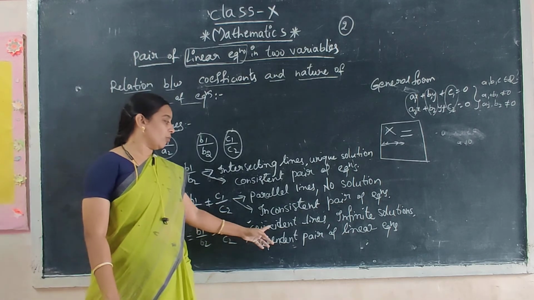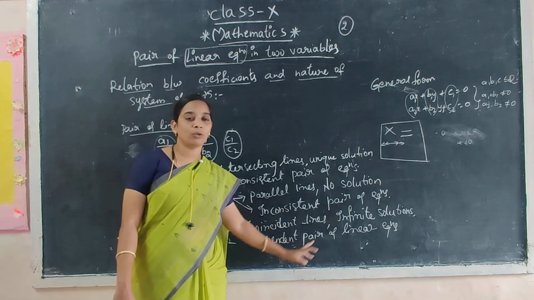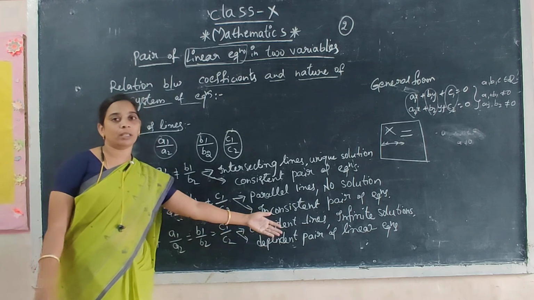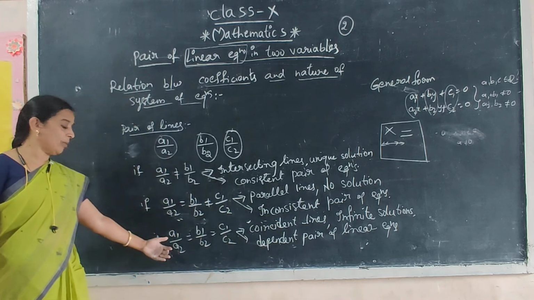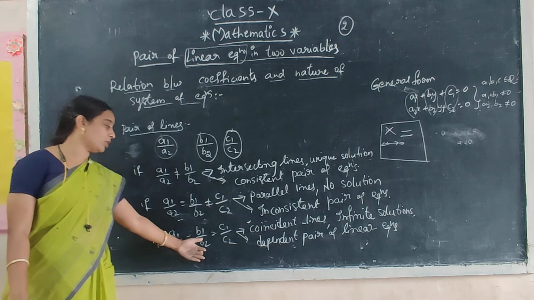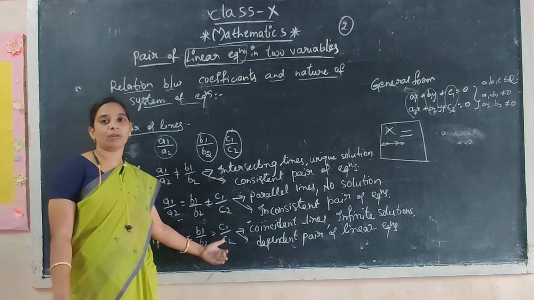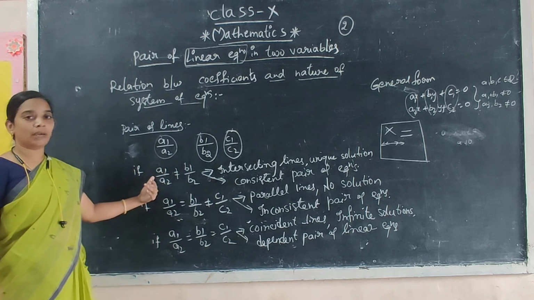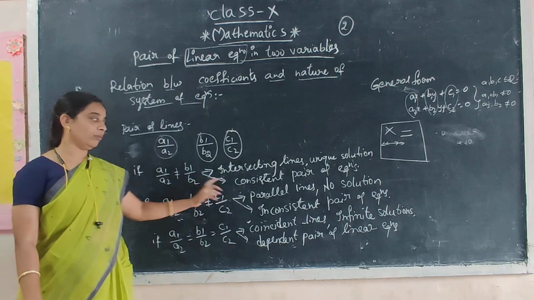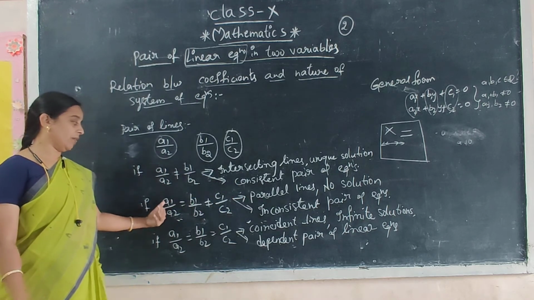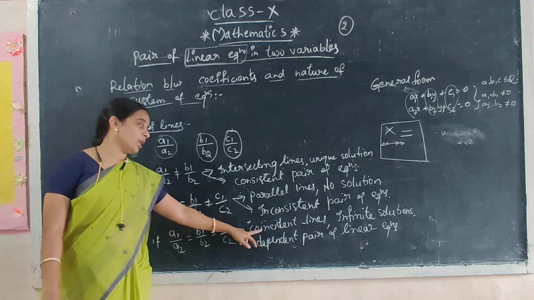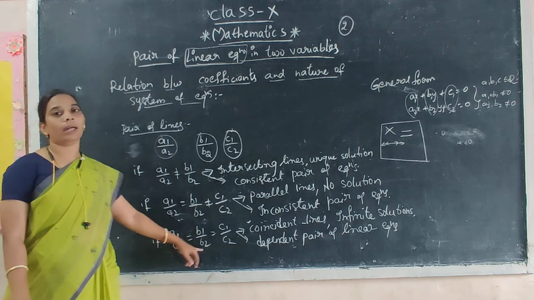And in the same way, the third one: coincident lines, infinite solutions, dependent pair of equations. If these three words are there in the question, you will immediately recall this condition: A1 by A2 is equal to B1 by B2 is equal to C1 by C2. Intersecting lines condition is A1 by A2 is not equal to B1 by B2. Parallel lines condition is A1 by A2 is equal to B1 by B2 is not equal to C1 by C2. And coincident lines is where all are equal.